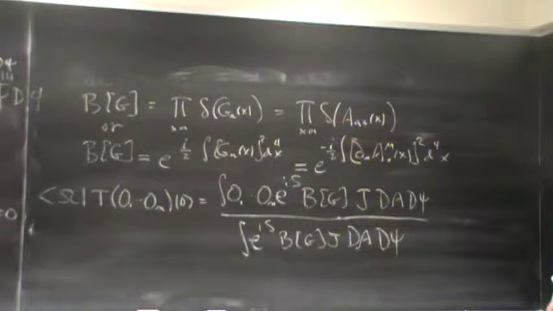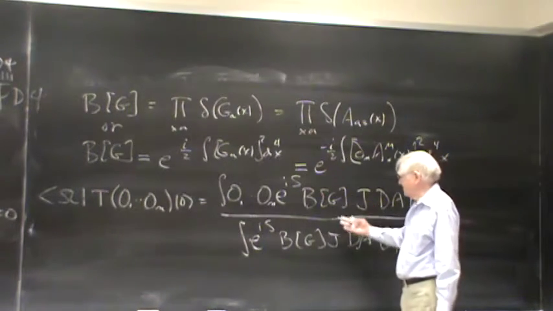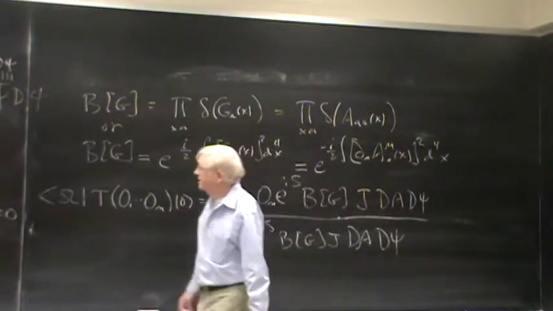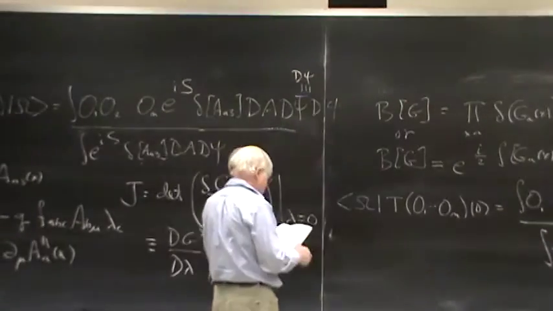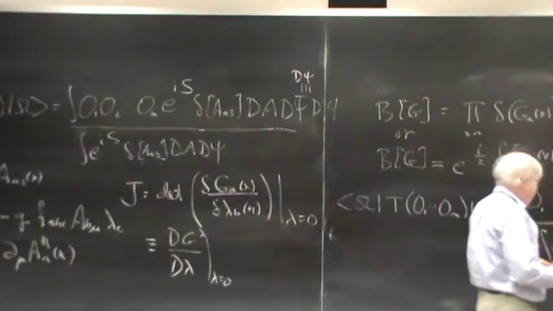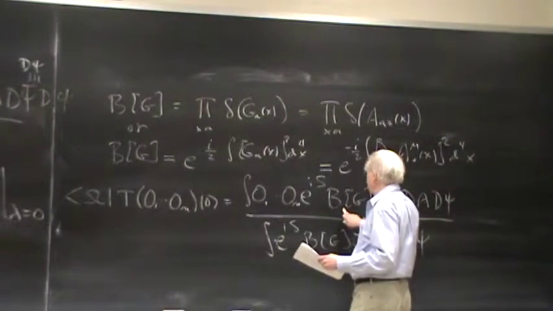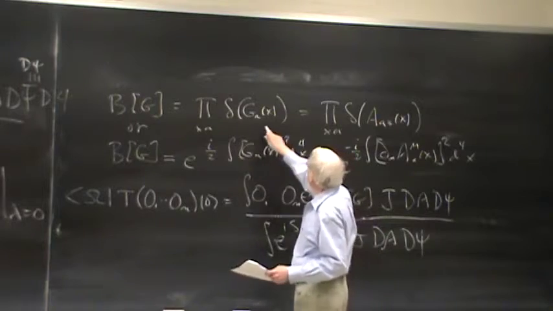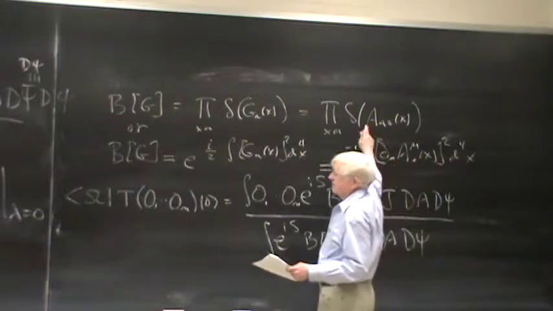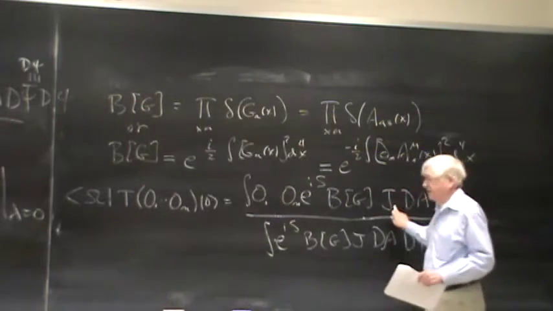Correct. And now the point is that this is a generalization of what we started with. We, of course, picked B of G to be this, and the difference is that we have a Jacobian here.